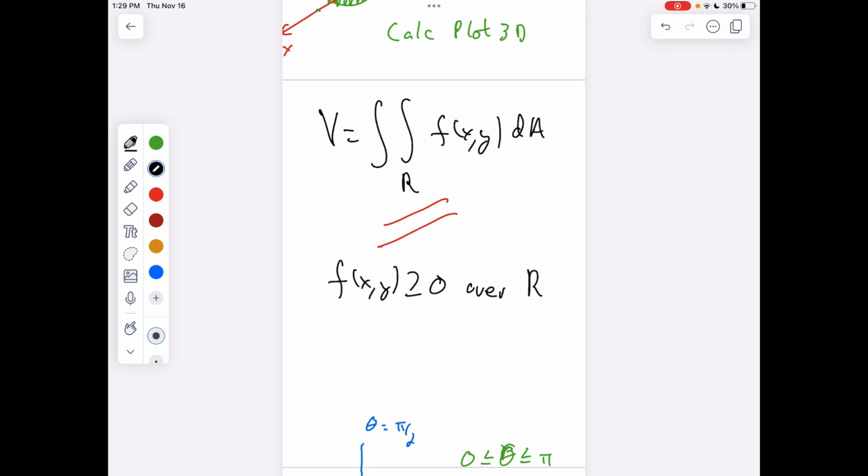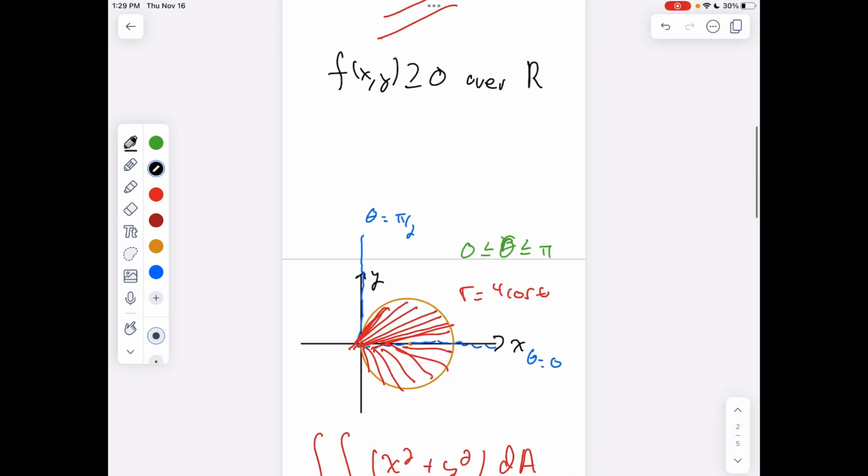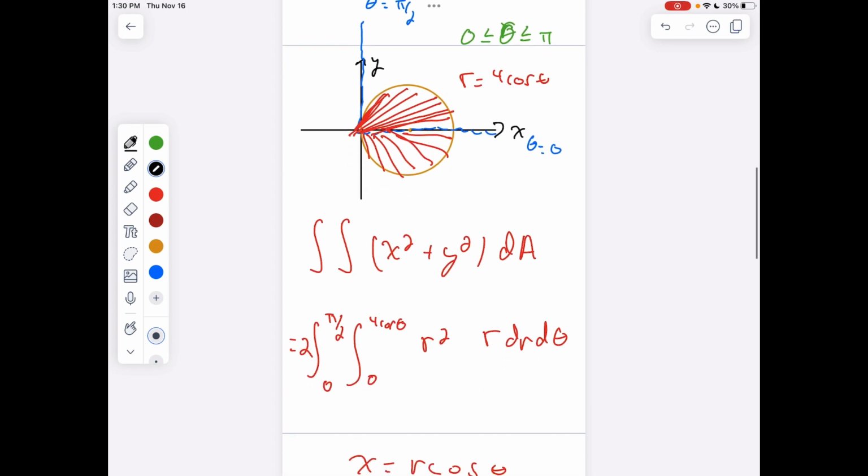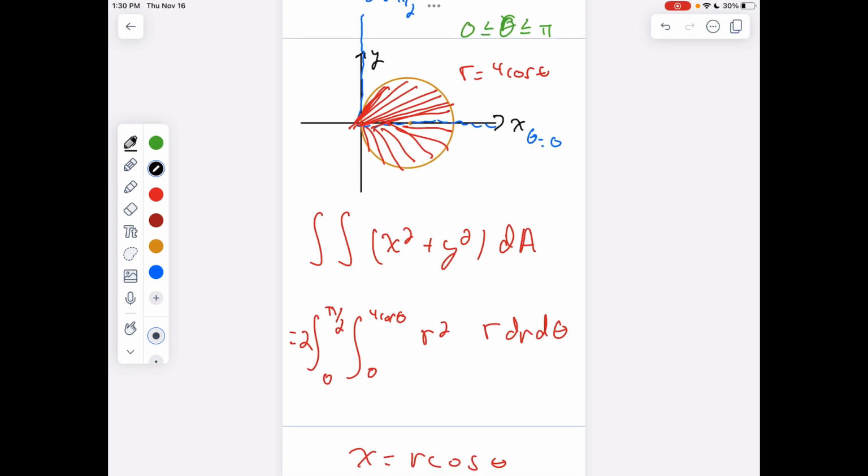We can use that. The issue was that if I integrated this over the region given here, that circle, in rectangular coordinates, that would have been pretty hard. So we converted to polar. X squared plus y squared became r squared, and dA, this differential element, became r dr d theta. We got our limits of integration from the graph.